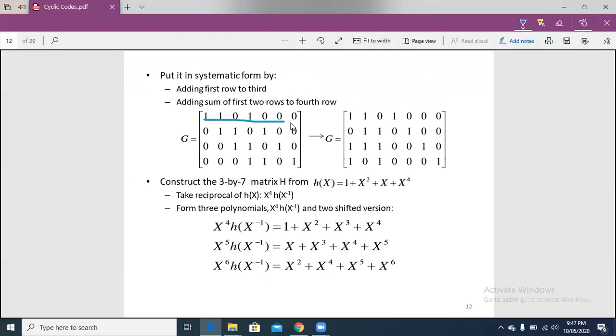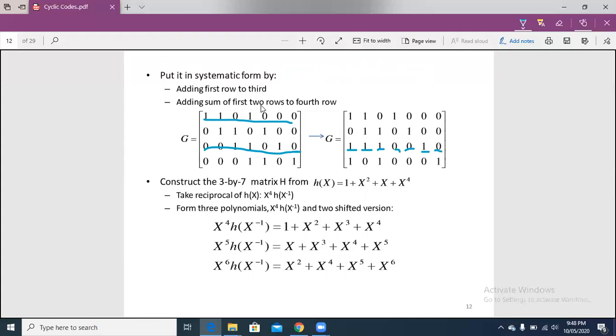So when the first row is added to the third row, we get this new row. So 1 0 exclusive or 1, and 1 0 exclusive or we get 1, and 0 1 exclusive or we get 1, and 1 1 exclusive or 0. Similarly, 0 0 exclusive or 0, 0 1 exclusive or 1, and 0 0 exclusive or 0.